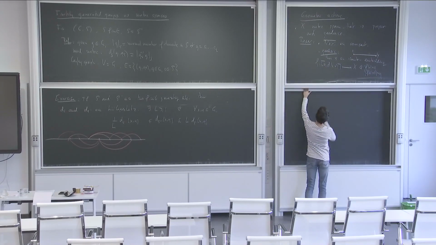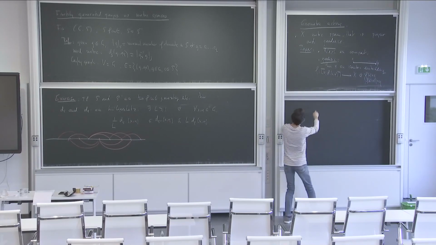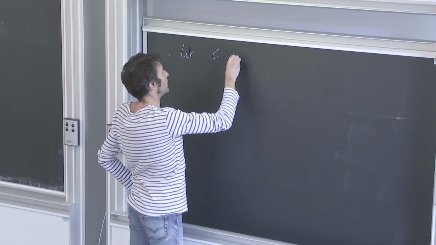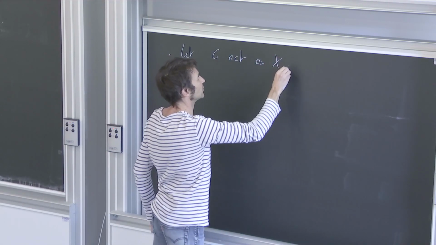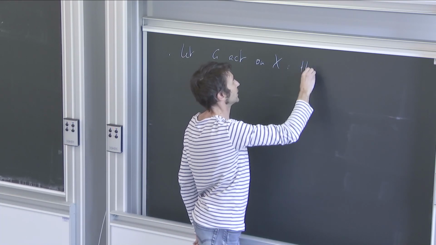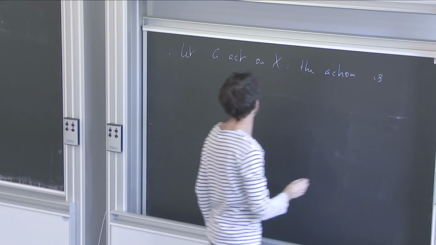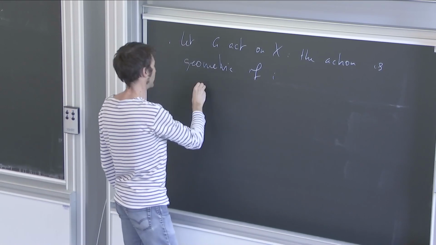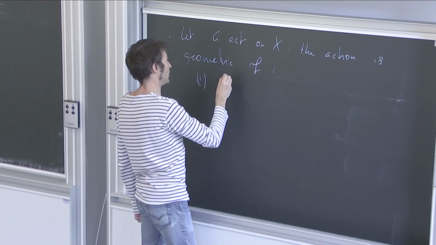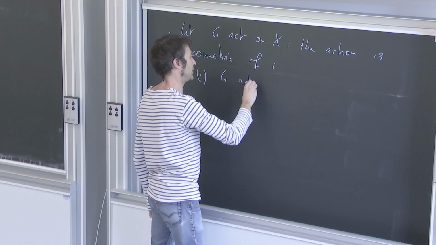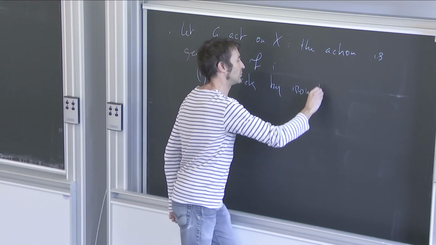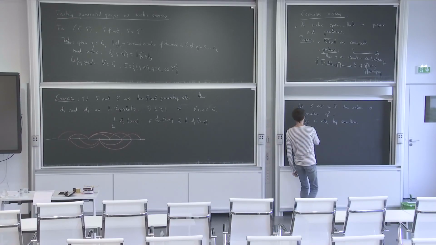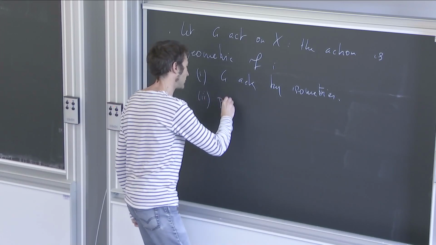And now I will consider specific actions. So what is a geometric action? Let G act on X. The action is geometric if, first, it is an action where every g acts by isometries, which means that distances are preserved. Second, I want the action to be properly discontinuous.